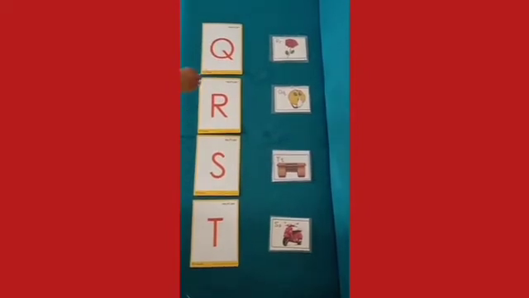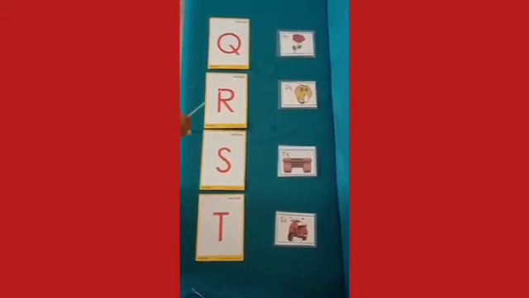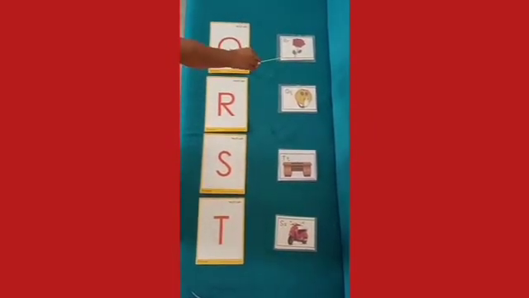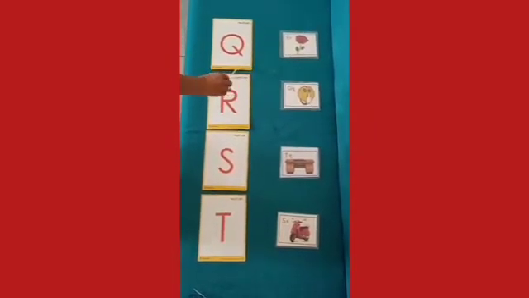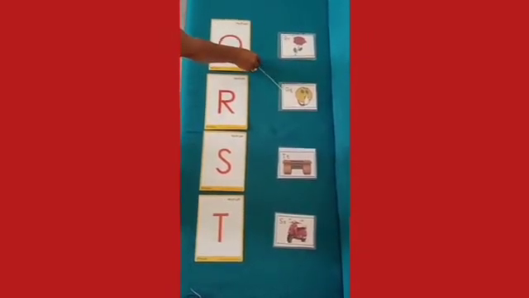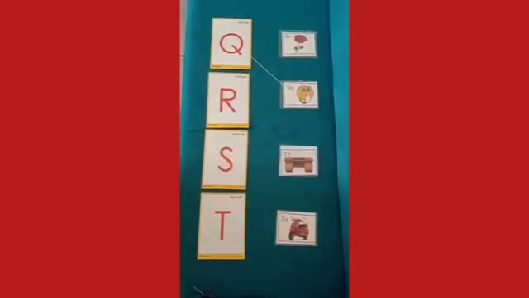Now we have alphabet Q, R, S, T and their related pictures. Here first alphabet is Q. Q for rose? No. Q for quiet. So we will match it with picture of quiet.